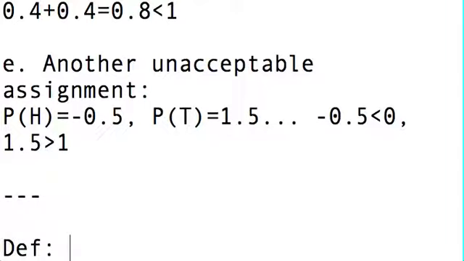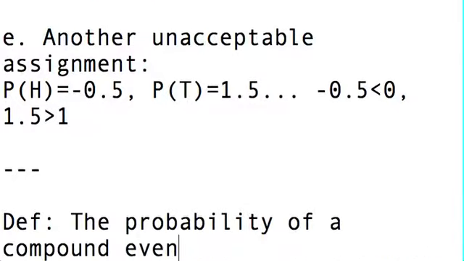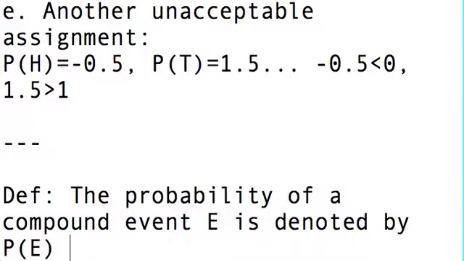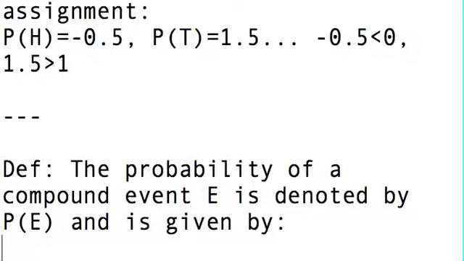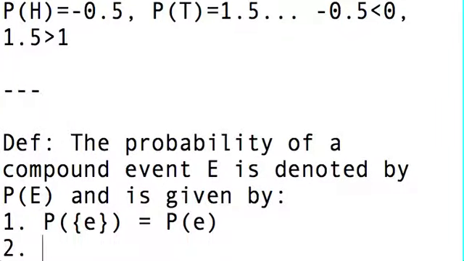Now, let's define some more things. We're going to define the probability of a compound event E, denoted by P of E, and is given by, first of all, if it's just a simple event, it's just the probability of that event.